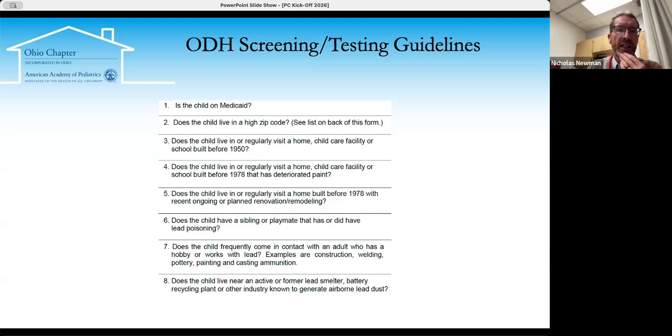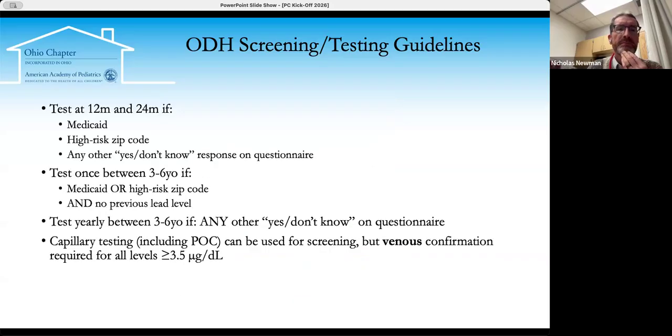Can I have the next slide? So basically the first section here, test at 12 and 24 months if... So that is you must, because that's what the state law requires. So if the child's insured by Medicaid, if they live in a high risk zip code, or any of the questions are yes or don't know on the questionnaire.